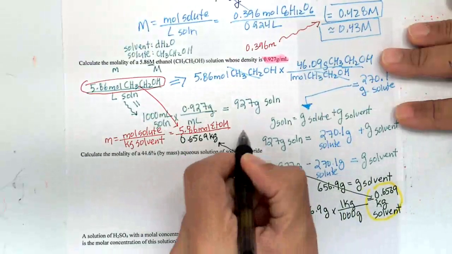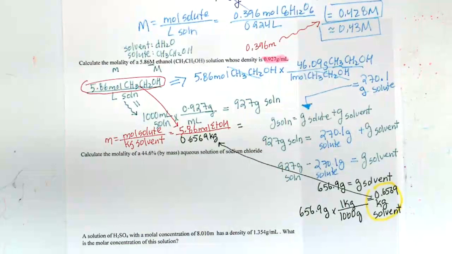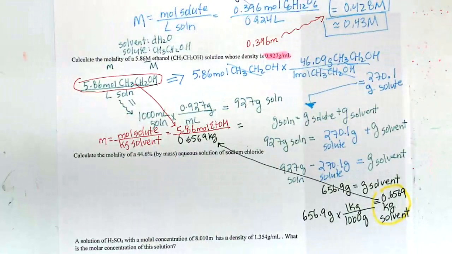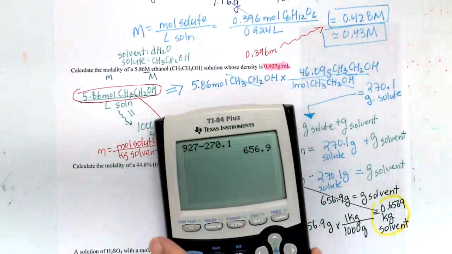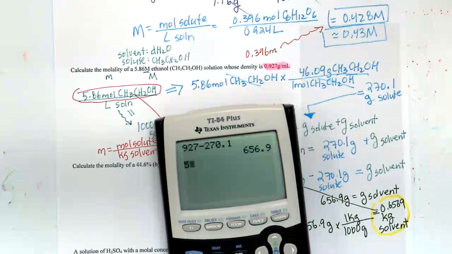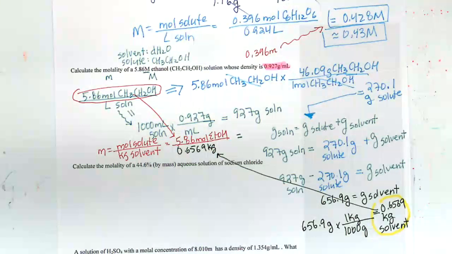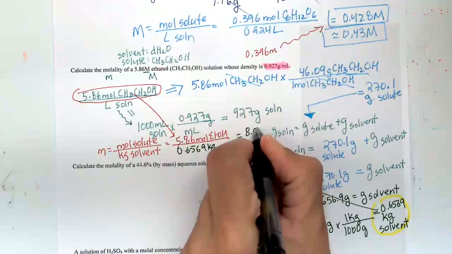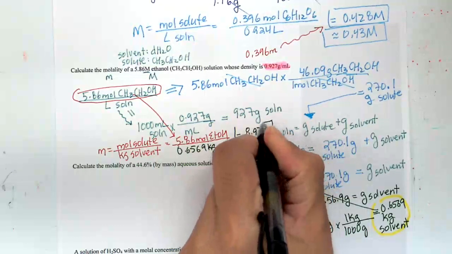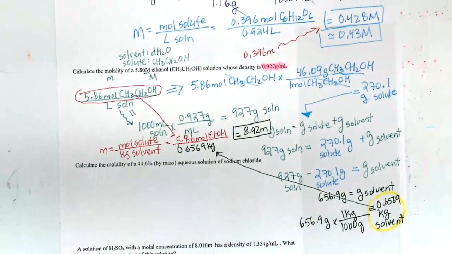Okay, that comes to us from here. And what's 5.86 divided by 0.6569? 8.92, lowercase m. Okay, so this is our answer.